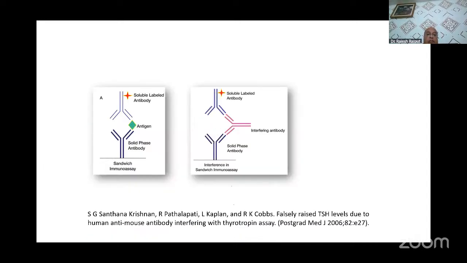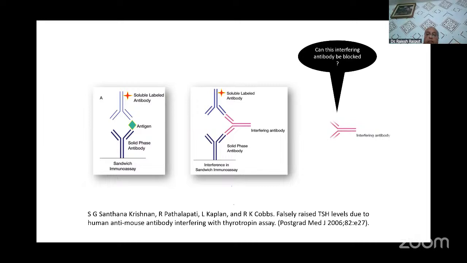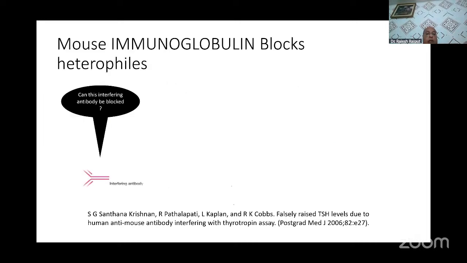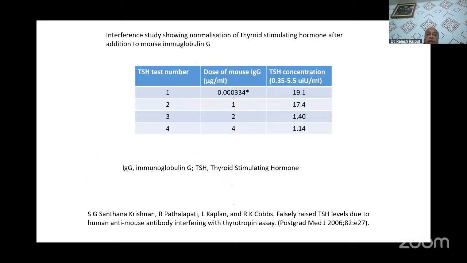Now, always remember, patients, in our country at least, are even consuming over-the-counter medications, which include biotin. Biotin is a normal supplement taken for hair fall, brittle nails, in multivitamins. These are going to interfere with your thyroid hormone assay, and we often forget to take such a history.